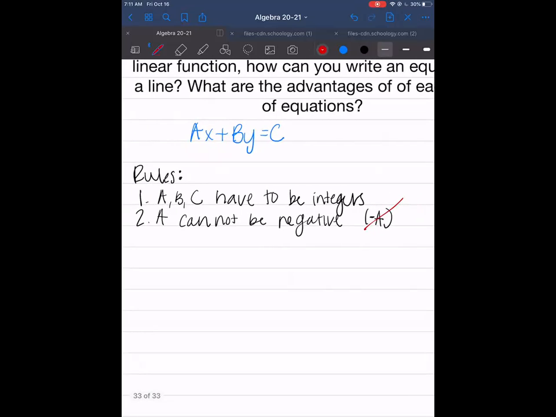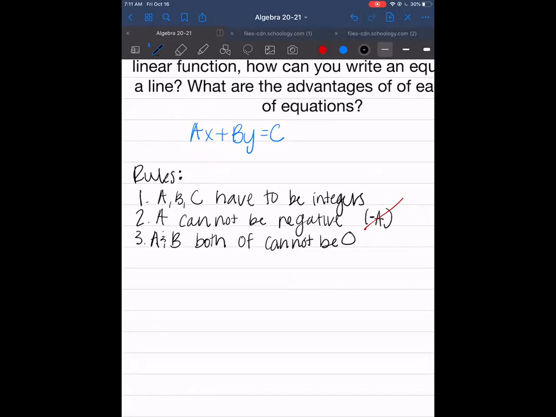Okay. Our third rule for standard form is that a and b both cannot be 0. One or the other can be, but both of them cannot be 0.